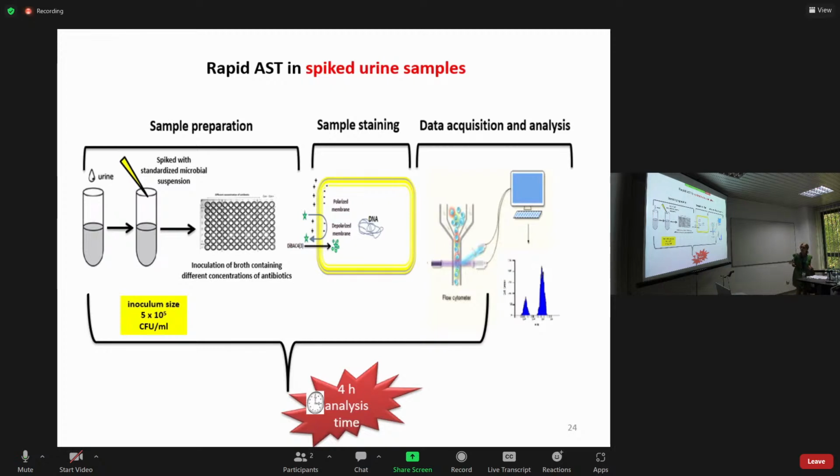And you can see here we have used a quite high size of the bacterial inoculum. We have chosen it as a threshold because the microbiologists know very well this is the threshold for differentiating between positive urine cultures and negative urine cultures.